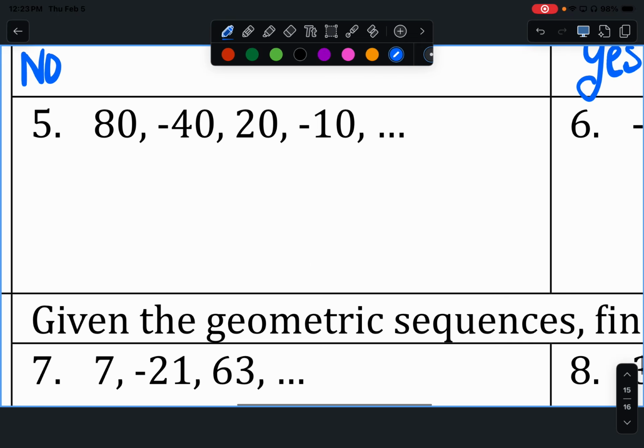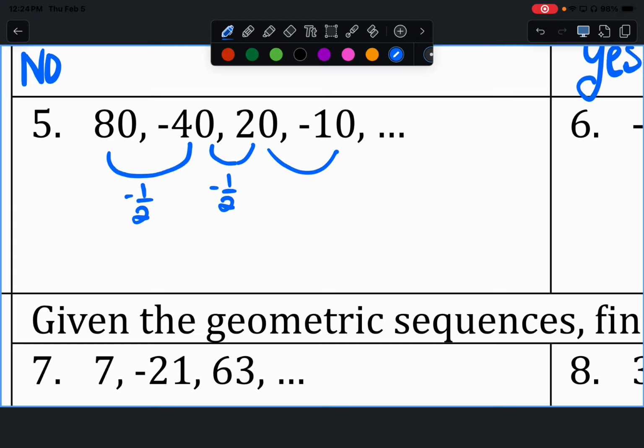Okay, for number 5, what is negative 40 divided by 80? Negative 1/2. What is 20 divided by negative 40? What is negative 10 divided by 20? So is that a geometric sequence? Okay, and what is the common ratio?